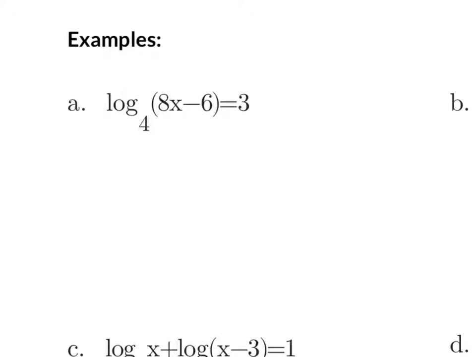So remember, we do our around the world. We get 4 to the 3 equals 8x minus 6. Let's go ahead and evaluate the exponent. 4 cubed is 64.